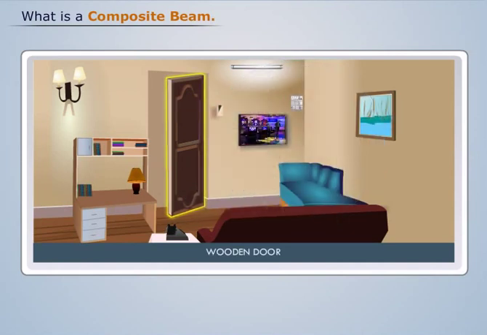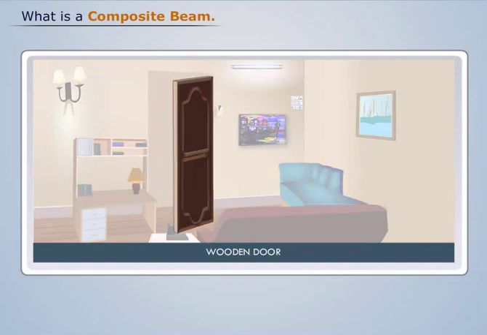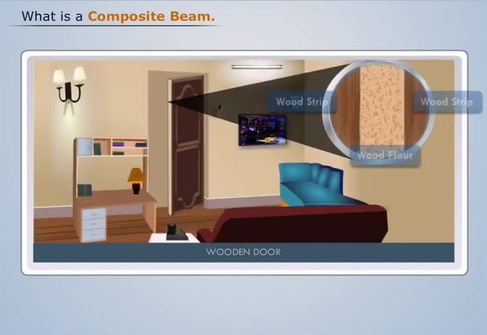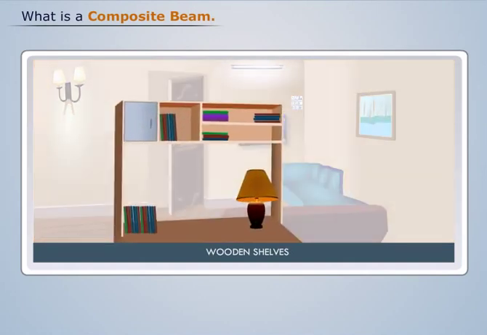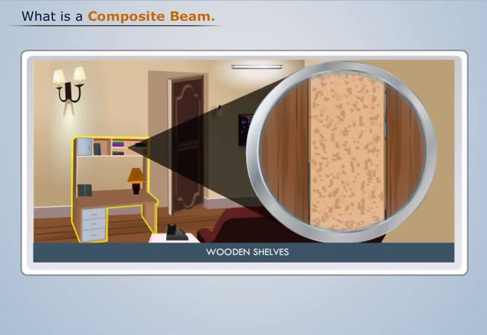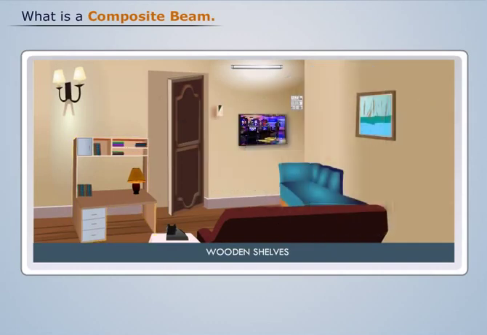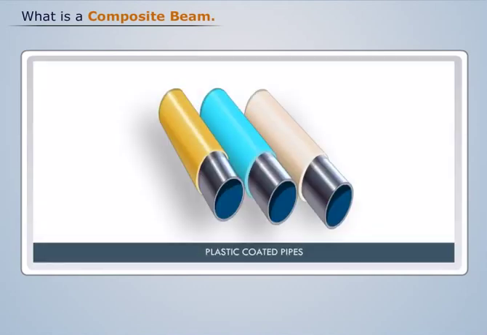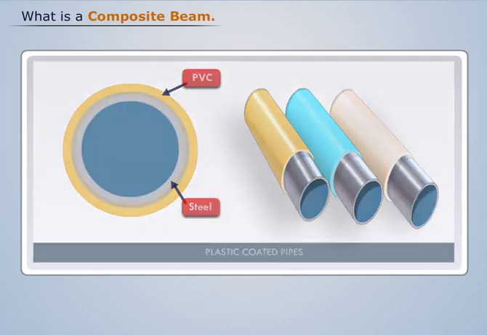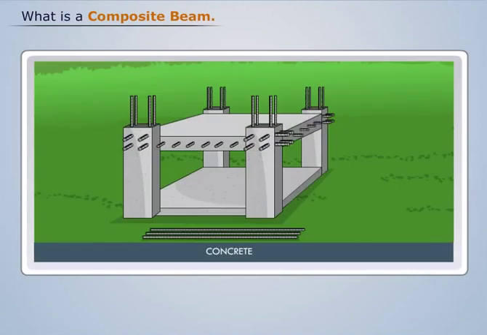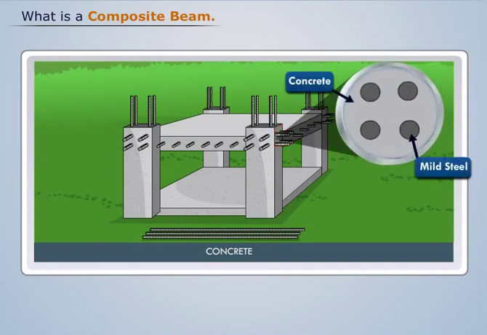Wooden door, shelves, plastic-coated pipes, etc. At the construction site, we get to see a concrete beam and column.